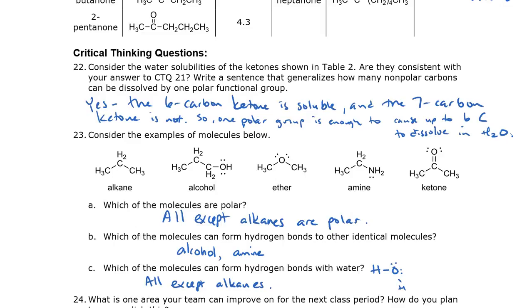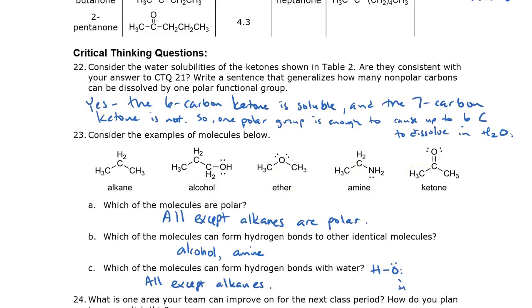All right, do you see that alkanes are the only ones that cannot form hydrogen bonds with water? If I have water, I already have the hydrogen attached to the oxygen, so that's good. The other thing I need is a molecule with a lone pair of electrons, and all of these molecules have lone pairs of electrons.